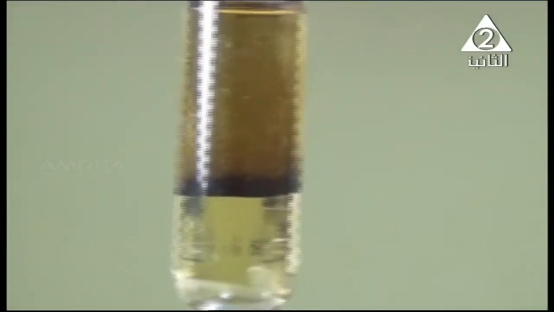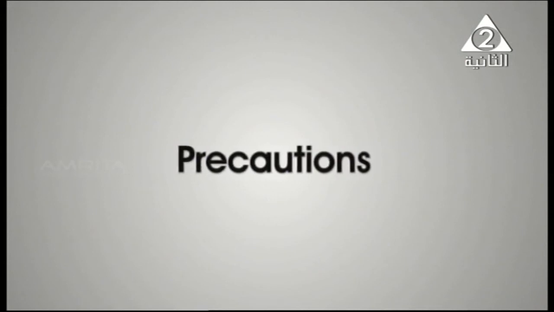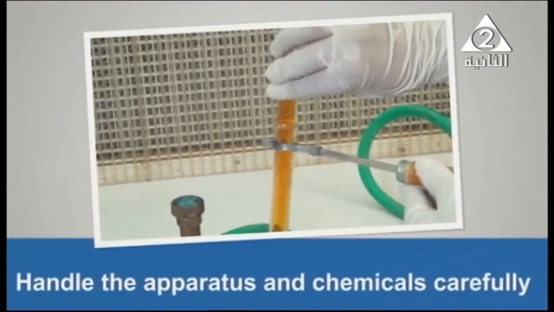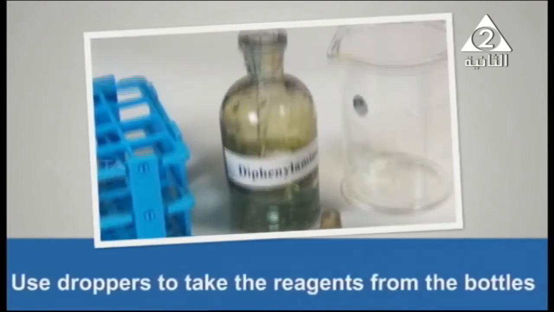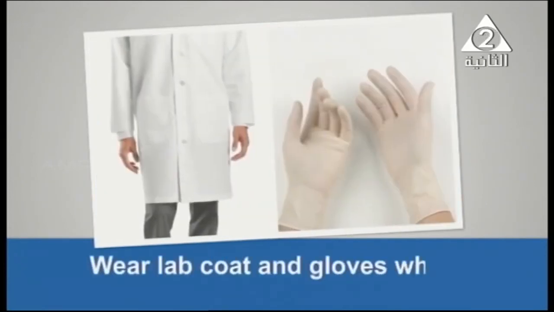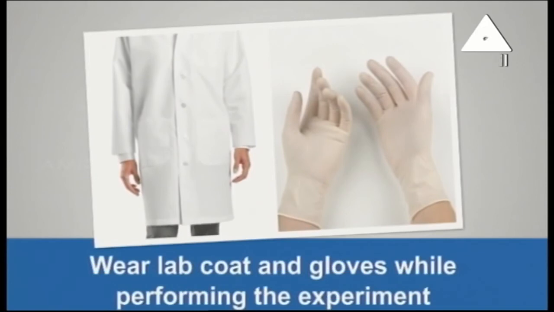Important for us. Handle the chemical apparatus carefully and use drops of reagent from the bottle of FeSO4. Keep the lab clean, and wear your coat and gloves while performing this experiment.